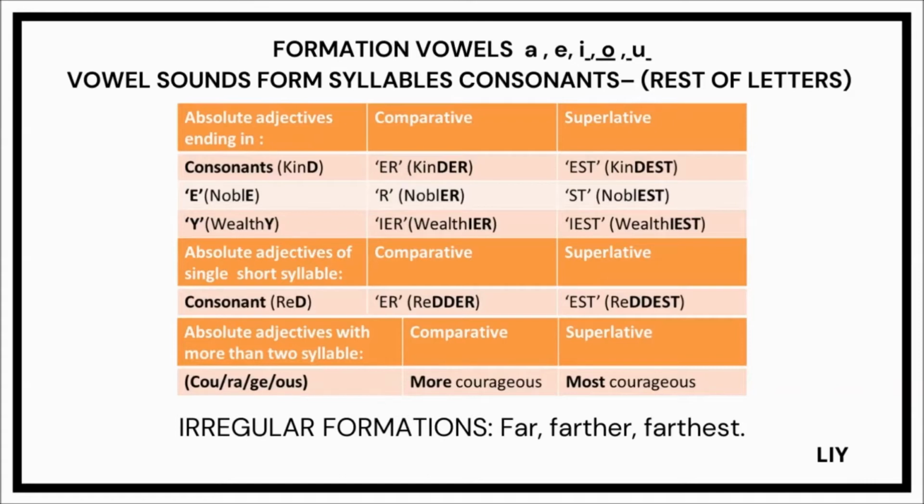It would be kindest. Another adjective ending in E with a single syllable, for example, noble. Here, to form the comparative degree, we just add R, forming nobler. The superlative degree would be noblest. We are adding EST to the ending.